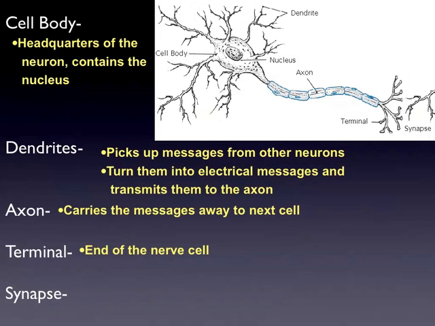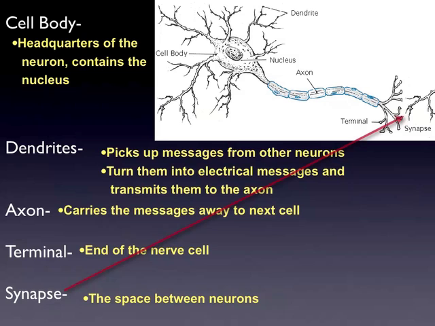If this message is going to be passed on to another neuron, there's a gap here. There's a space. The terminals of one neuron don't actually connect with the dendrites of the next neuron. The space is called the synapse. Once the electrical signal gets to the terminal, it can't go any further.